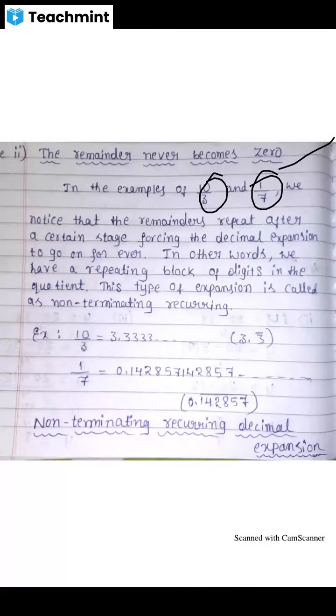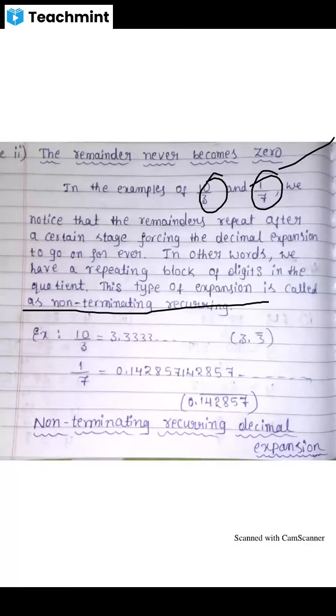We noticed that remainders repeat after a certain stage, forcing the decimal expansion to go on forever. In other words, we have a repeating block of digits in the quotient. This type of expansion is called non-terminating recurring. So just notice the division operation of 10 divided by 3 and 1 divided by 7.